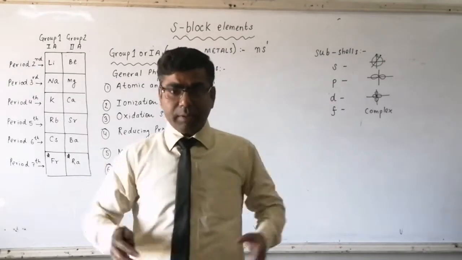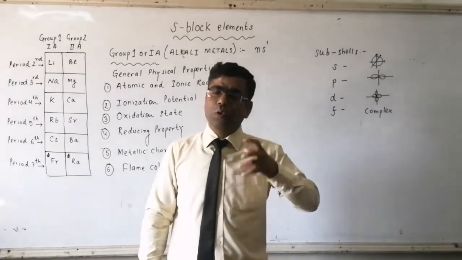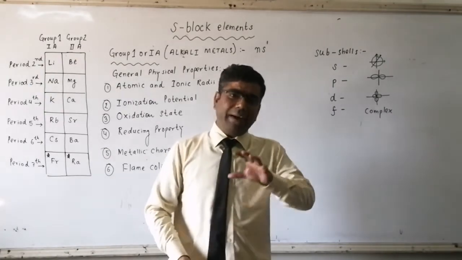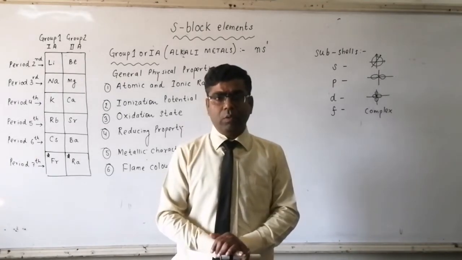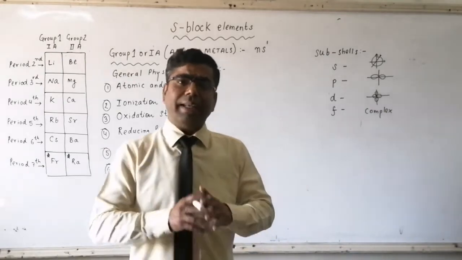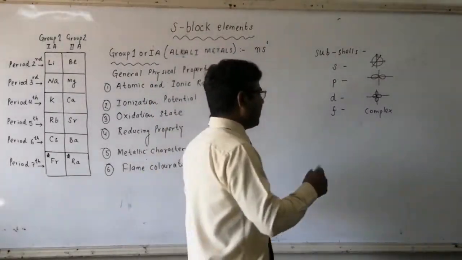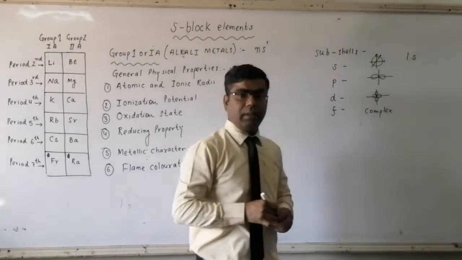Now, next one. As the first energy level is very close to the nucleus, it has the smallest size. So the first energy level can accommodate only one subshell, which is designated as 1s.